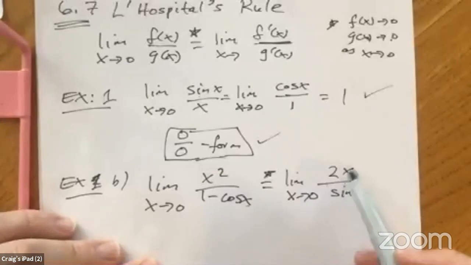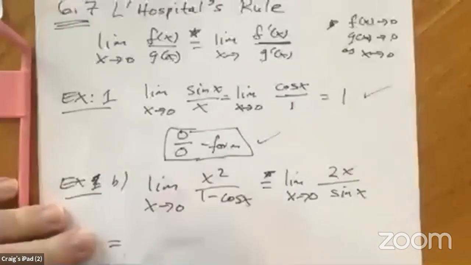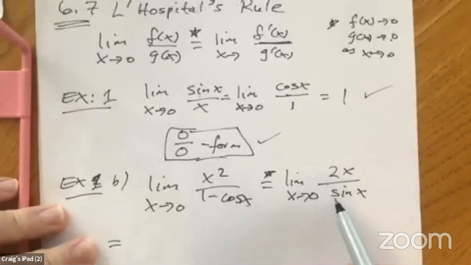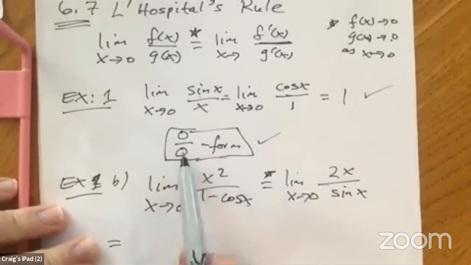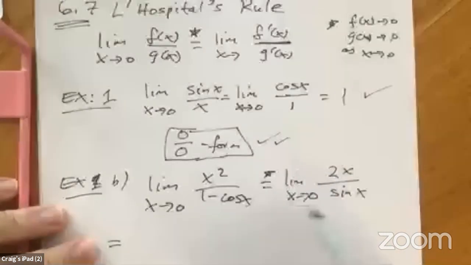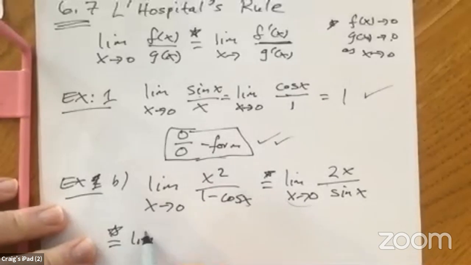Well, but that's not very satisfying. If you didn't see that, I can actually use L'Hopital's rule again. This is still, as x goes to 0, 2 times 0 over sine of 0 is 0. So I still have the 0 over 0 form. So I have this problem, and I don't know the answer to it, so I can ask, well, what if I use L'Hopital's rule on it?